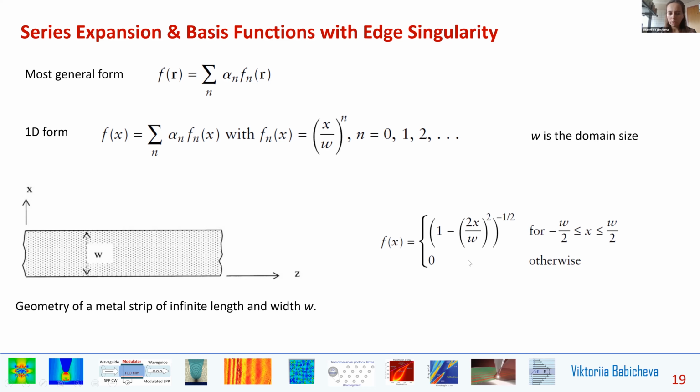At the points where x equals plus or minus W/2. So we call this behavior singularity. And we know that it occurs due to Coulomb forces of repulsion between the charges at the edges. And similar behavior of the current distribution is observed along the length of the wire.